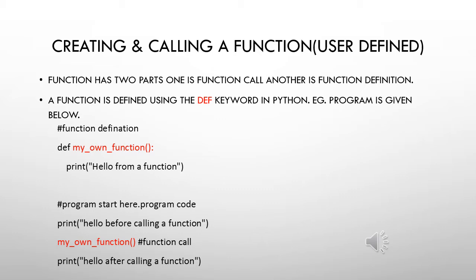Next, our function will be called, which is my own function, and we get the result as print hello from a function. Next, the third line will be executed and we'll get the result as hello after calling a function. So you can try this program and see how this works.